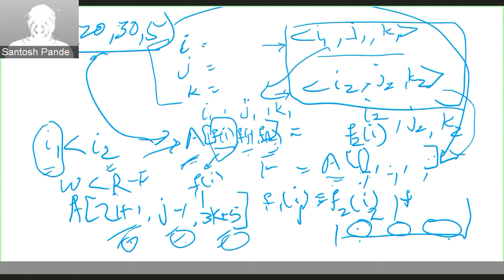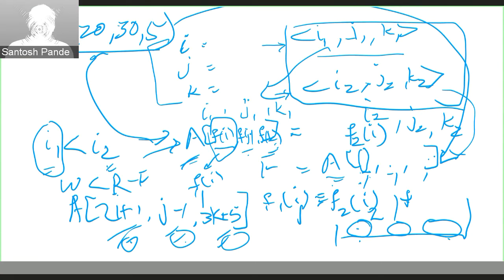Similar possibilities exist, as I was mentioning. If I1 is equal to I2, but J1 is less than J2, then also it will be a write before read kind of dependence, because the iteration I1, J1, K1, which is responsible for the write, would have occurred before I2, J2, K2, because of the relationship we saw earlier on the dependence iteration vectors.